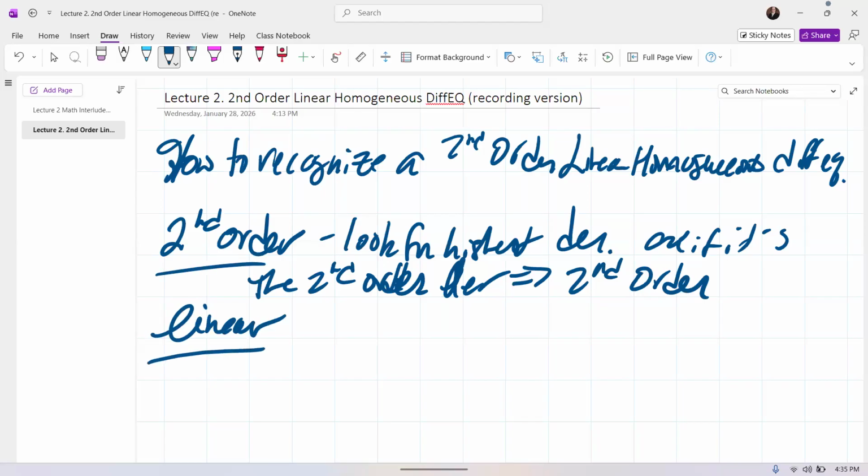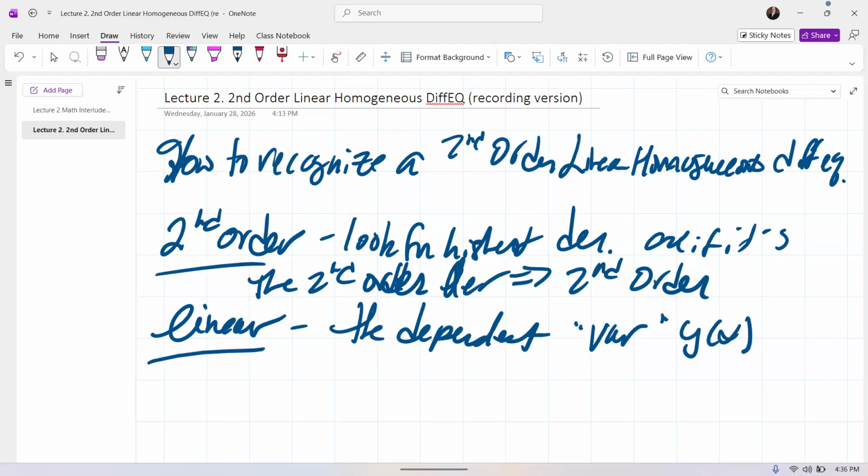How do you know it's going to be linear? So this is about the dependent variable. Now, in our case, we have a function, so I'm going to put variable in quotes like this, the dependent variable y of x and its derivatives.